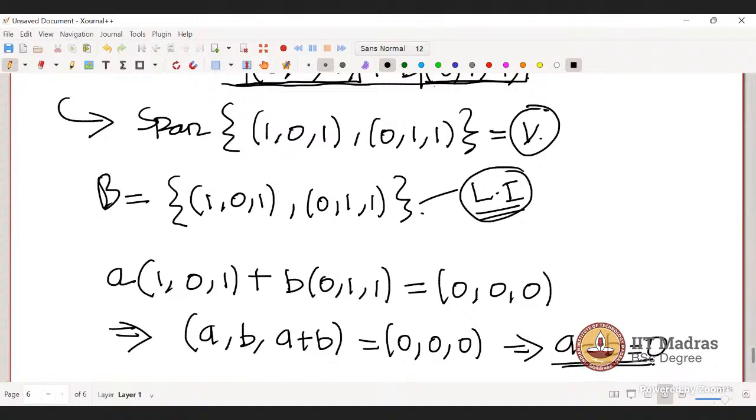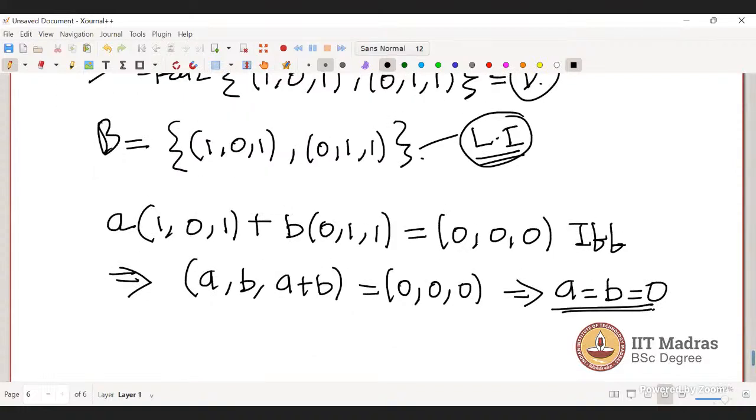Otherwise, you cannot make this linear combination 0. That means this set is linearly independent. So the span of B is V and B is a linearly independent set, so it satisfies all the conditions of a basis. That means B is a basis of V, with cardinality 2, so the dimension is 2. Clear, right? Yes, sir.